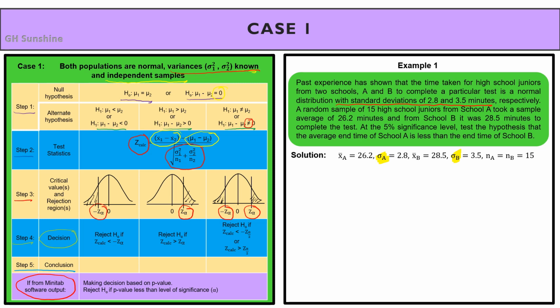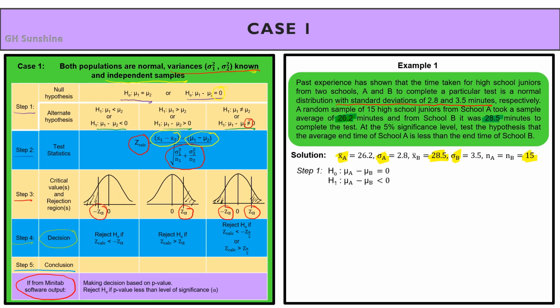Then x bar, the sample average from school A, is 26.2, and for school B, 28.5. And then the sample size is 15, 15 from school A and 15 from school B.